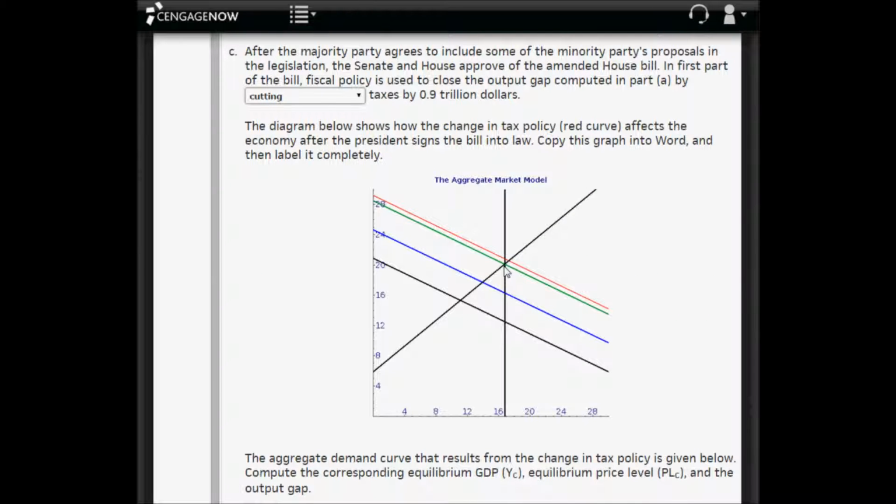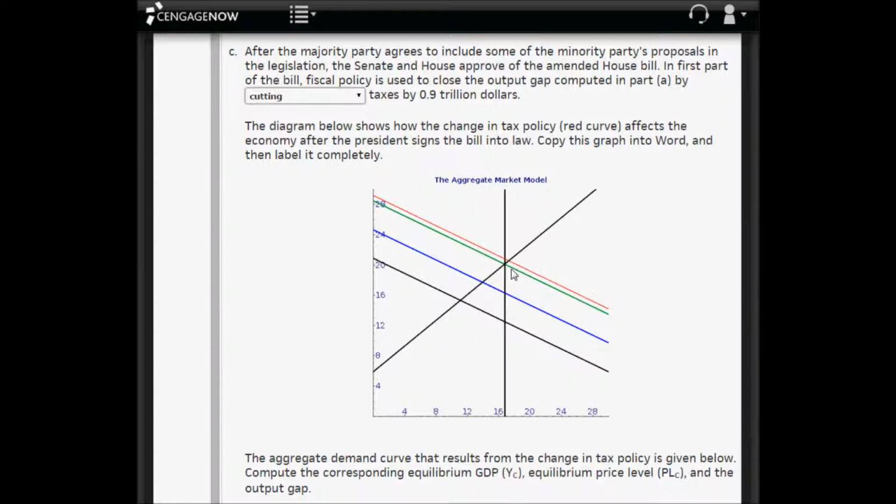With the gap closed, the legislation moves forward in the House and Senate after the majority party agrees to include some of the minority party's proposals. So now that the Senate and House approve of the amended House bill, fiscal stimulus is injected into the economy with a tax cut of $0.9 trillion.